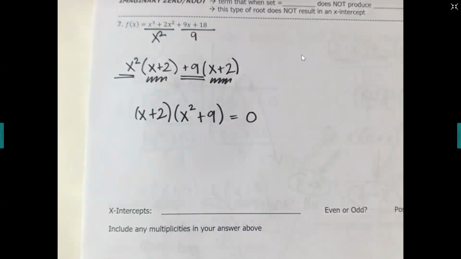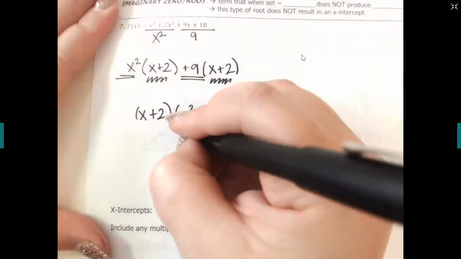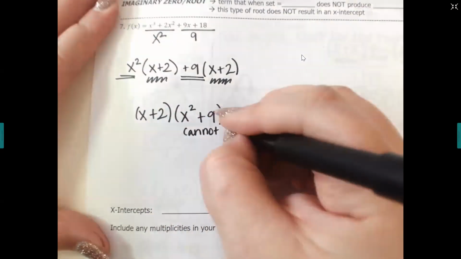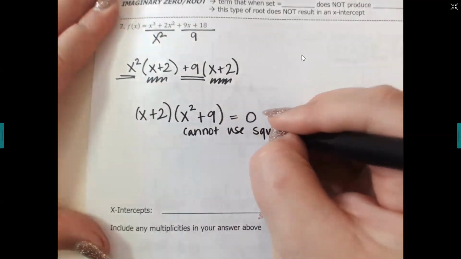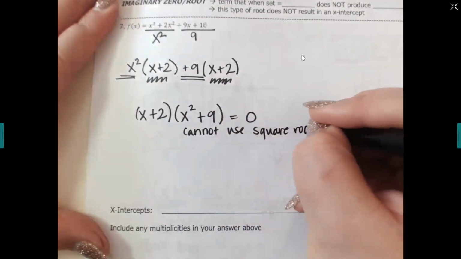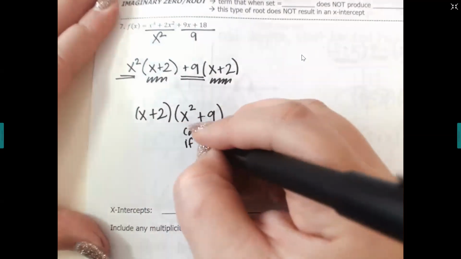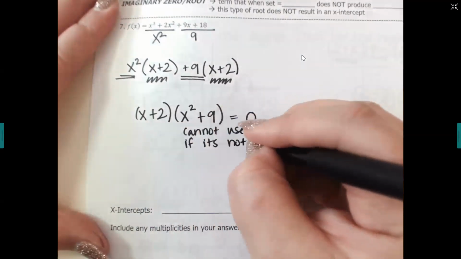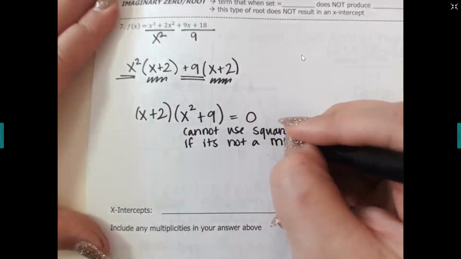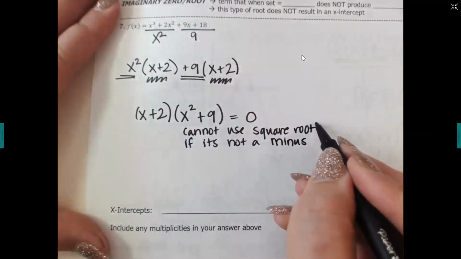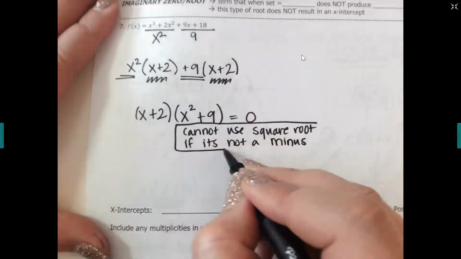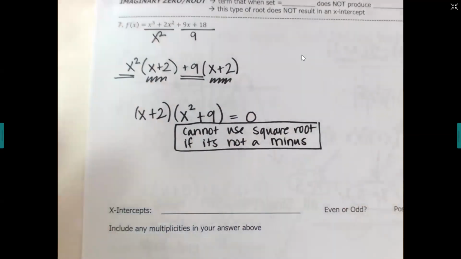Okay, and I'm going to put a little note of that. You cannot use square roots if it's not a minus. Okay, so maybe put a little note. You're not allowed to do the little square root shortcut if it's not a minus in the middle. Has to be.